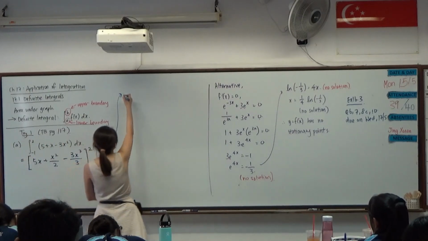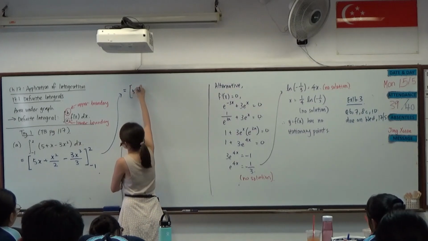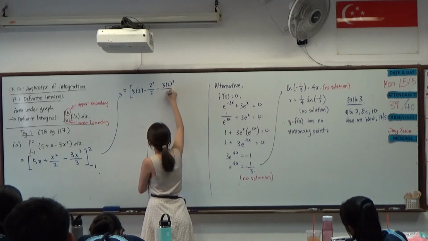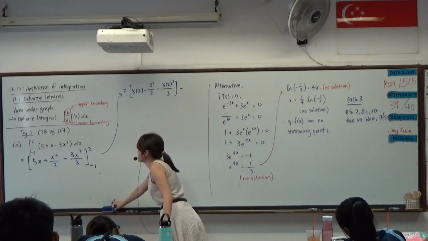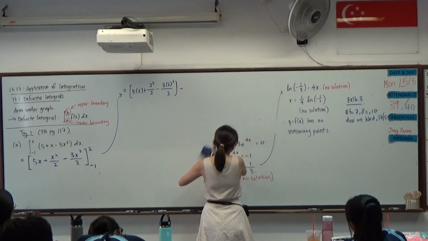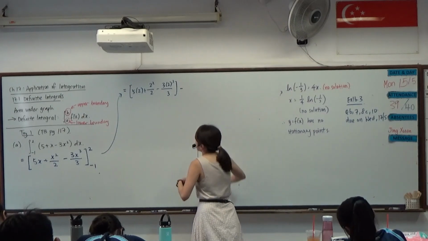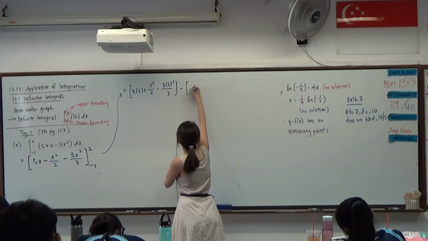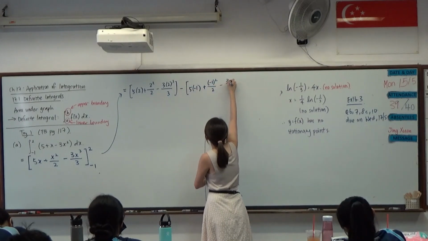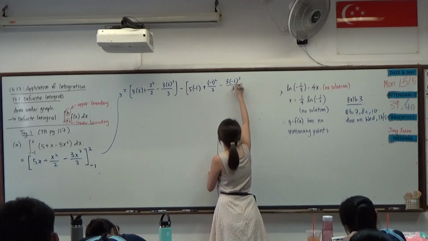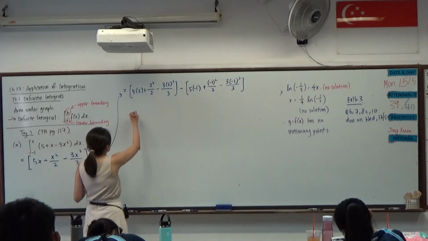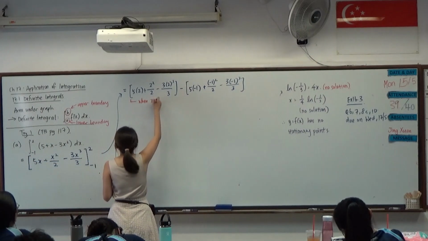So I will have 5 times 2 minus 2 squared over 2 minus 2 cubed over 3, then minus away, substituting -1 in. So this is when x equals 2.